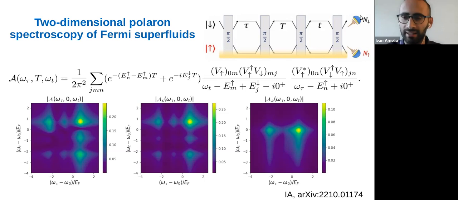Basically, they proposed to do two-dimensional polaron spectroscopy that in the end will mean to do plots in terms of two frequencies.